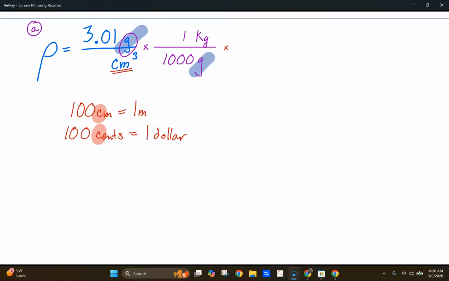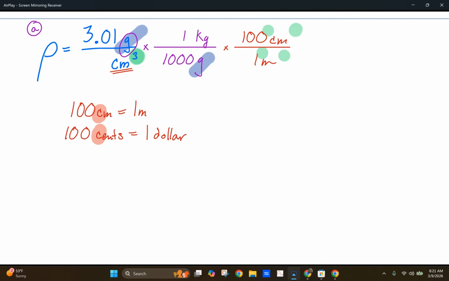Now, if you notice, the centimeters are on the bottom here, so we're going to want the centimeters on the top. And we remember that there's 100 centimeters in 1 meter. But you'll notice that we have this centimeters is cubed. So we're going to need to cube our centimeters because we need our meters cubed.